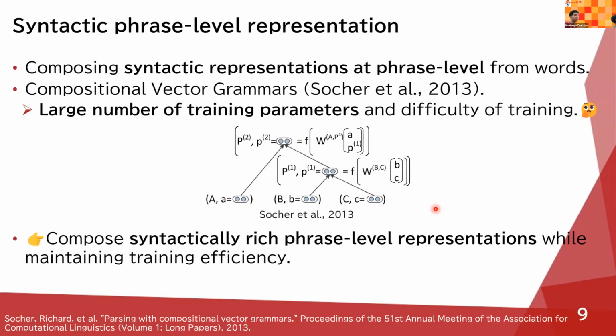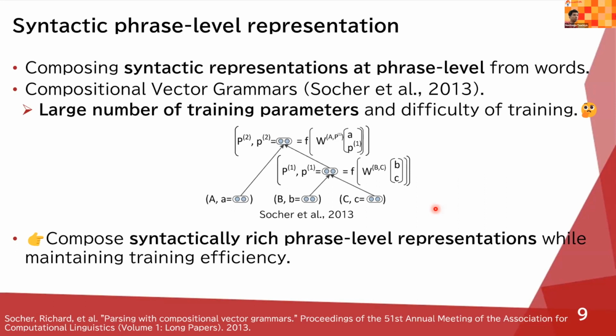One of the motivations of holographic CCG is composing syntactic phrase level representation. In 2013, Word2vec, or more recently BERT, tried to compose word level distributed representations. But in contrast, phrase level representation has not been focused on much recently.